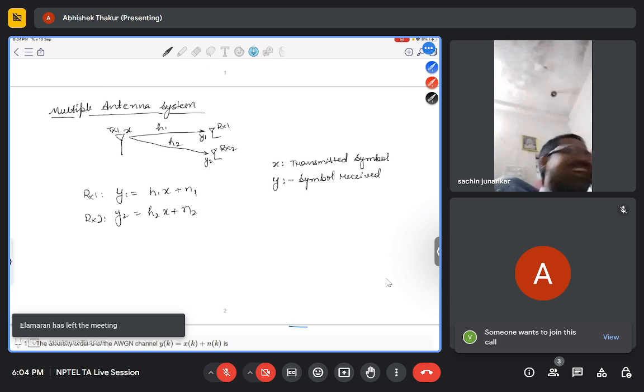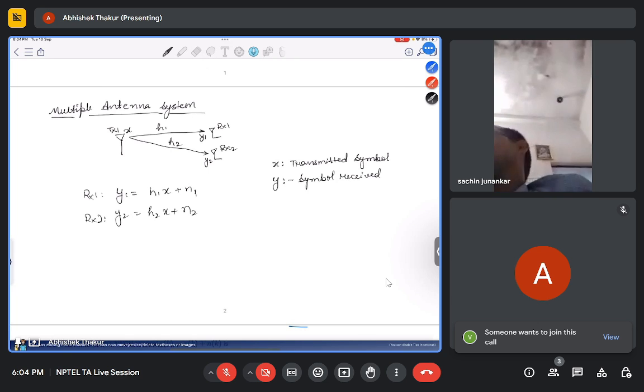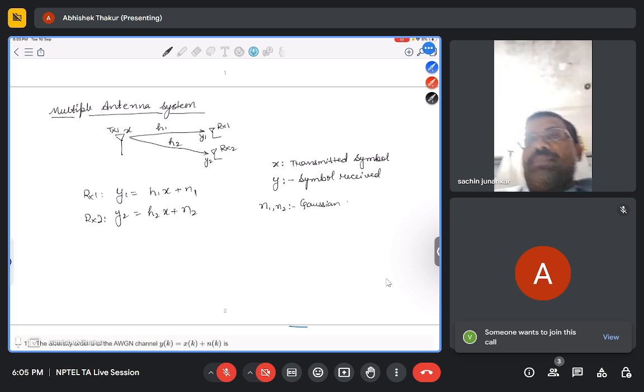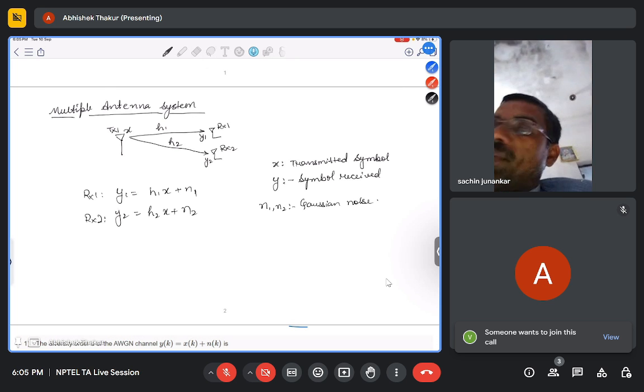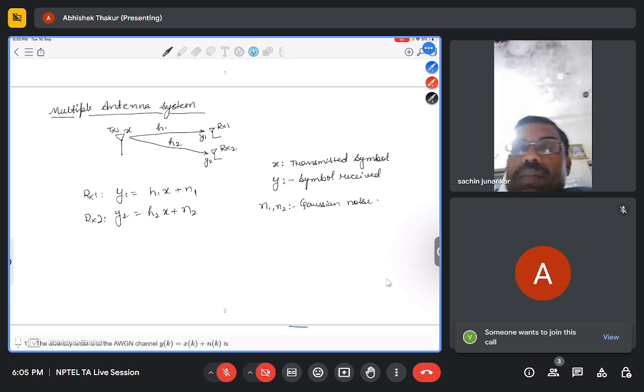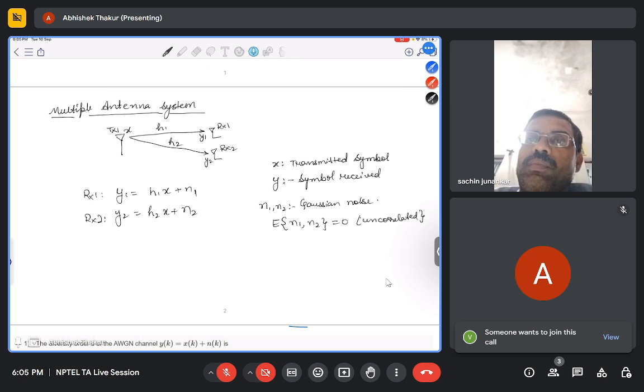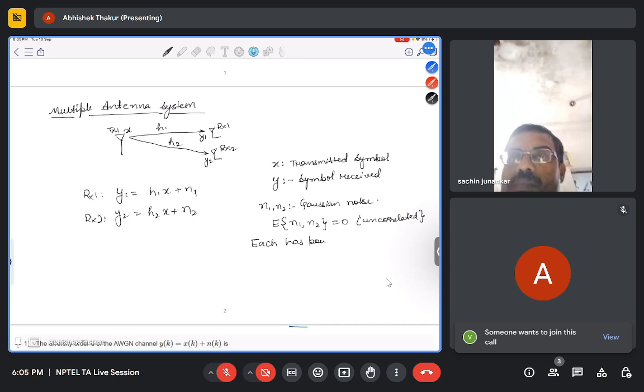N1 and N2 are the noise. The noise is uncorrelated and the mean will be 0, so expectation of N1 N2 will be 0 because both the noises are independent of each other, and each has power sigma square.